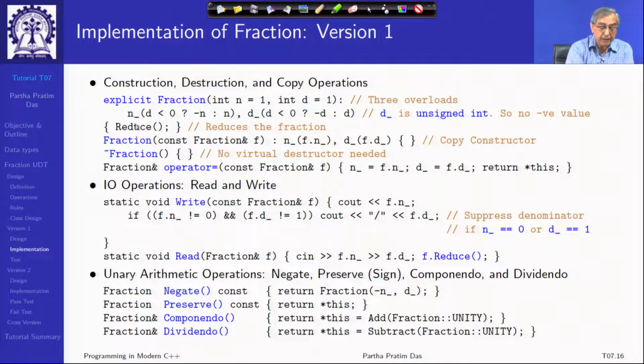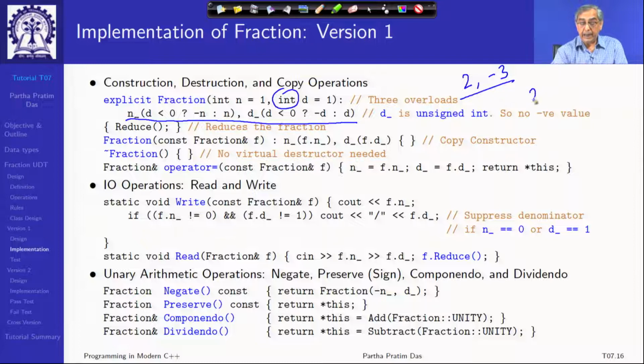You will see something interesting going on here, because when you call the constructor, the denominator is int. So, it is possible that I call the constructor with say 2 minus 3, but I cannot have a fraction 2 by minus 3, because the denominator is a signed number here, whereas in my representation d underscore is unsigned. So, I cannot take minus 3 and put it to d underscore.